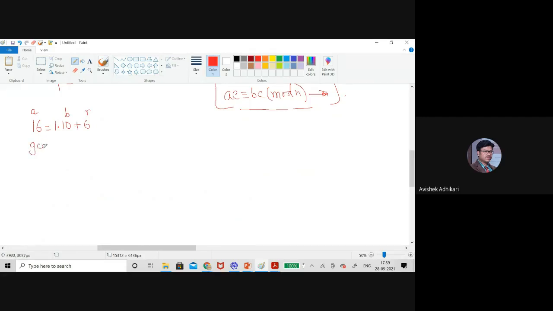This result says that GCD of 16 and 10 will be the same as GCD of 10 and 6. That's why you did the next step. The same GCD is there, that's why you just put it here in that way, and you continue. So that is a very important observation, first thing.